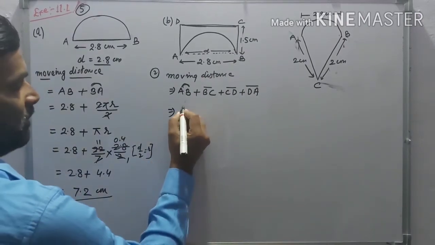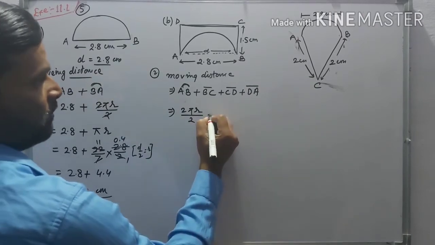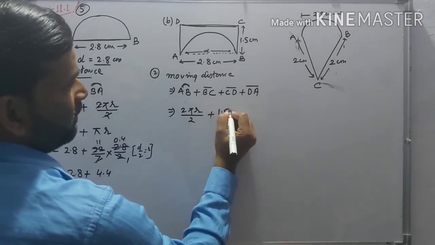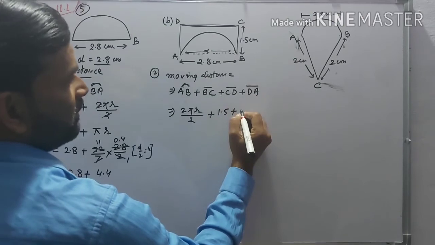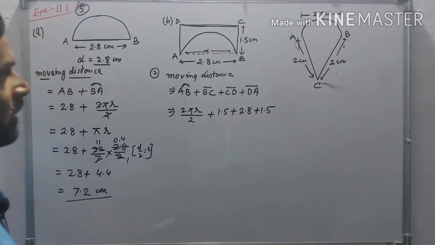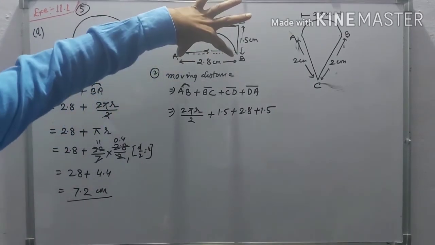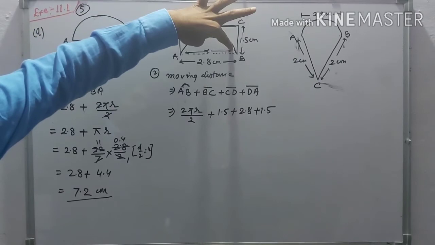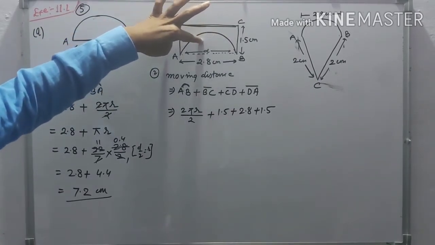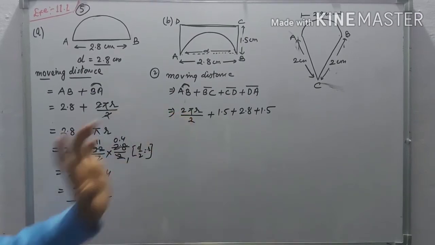Now the curve is 2πr upon 2, plus BC is 1.5, CD is 2.8, plus 1.5. The distances 1.5 and 2.8 are line segments, but the curve is the circumference of the semicircle, which is 2πr upon 2.